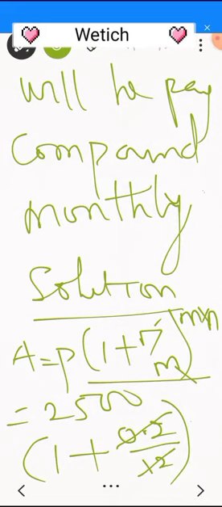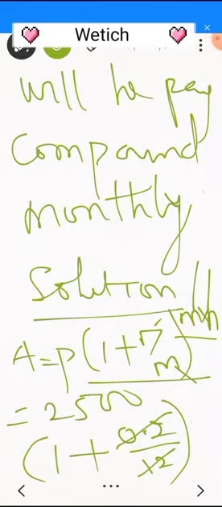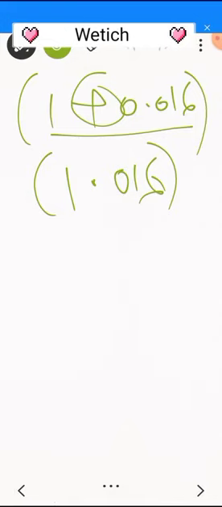Now revisit the question. We have some powers that we've not dealt with: M times N, or N times M. The M stands for the number of times it's compounded, and the N stands for the number of years. We have 5 years, and it is compounded monthly, so 5 times 12.